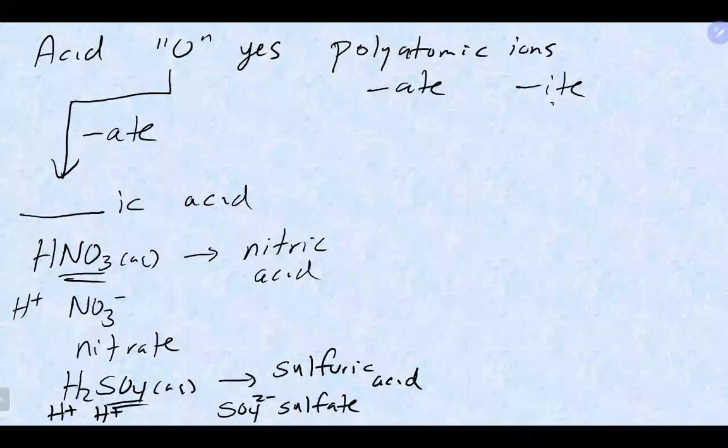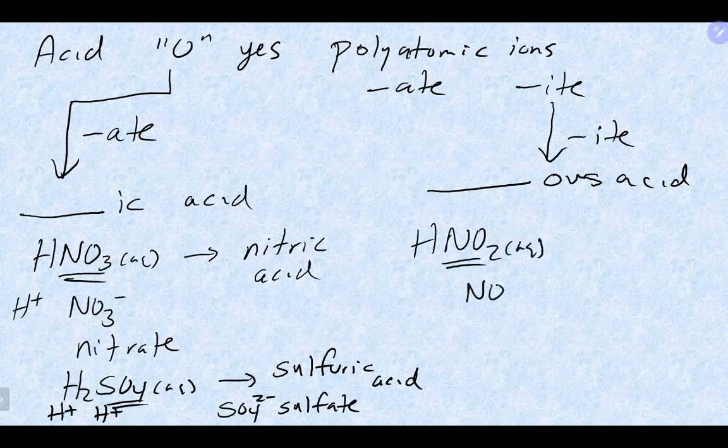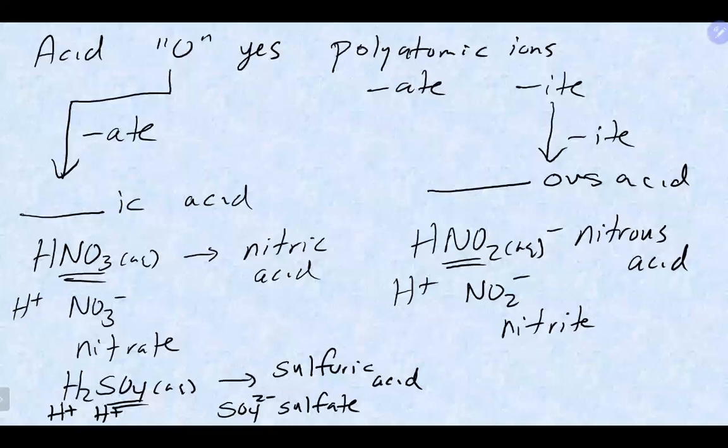If your polyatomic ion ends in ite, your acid will be something OUS acid. So if you take HNO2, NO2 is NO2 minus, which is nitrite. That means that this would be nitrous acid. Again, the cation here would be H plus.